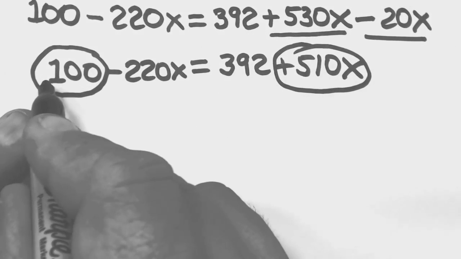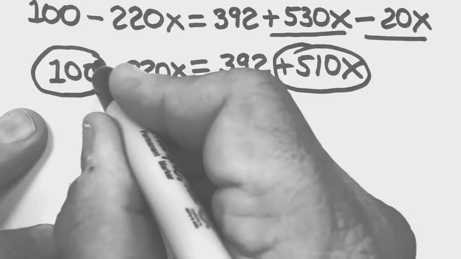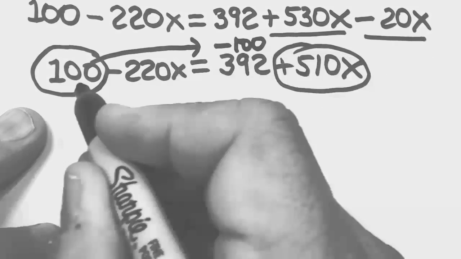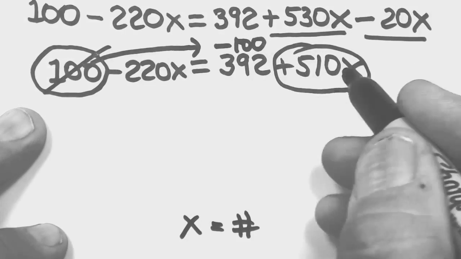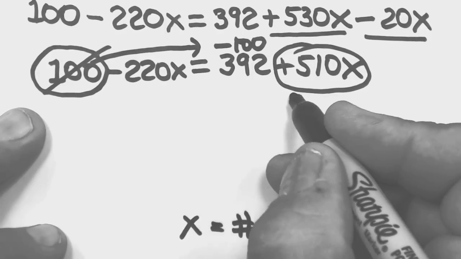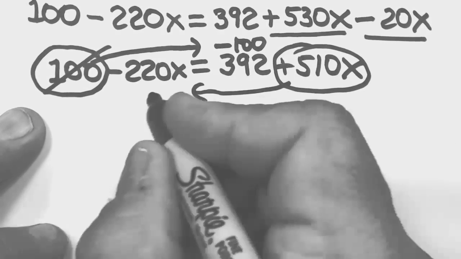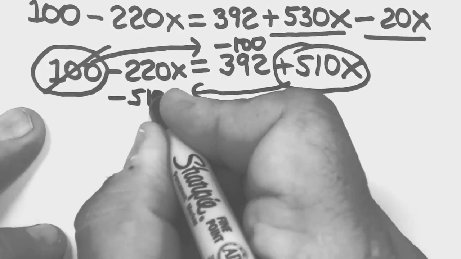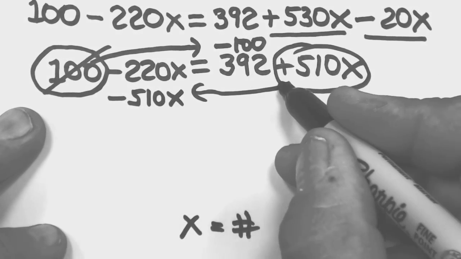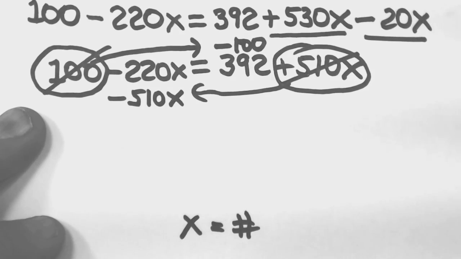Let's do it. This is officially a plus 100. It moves over as negative 100, plus to minus. This is plus 510x. It comes over to the other side as negative 510x. So plus 510 to minus 510. Okay, that's good.